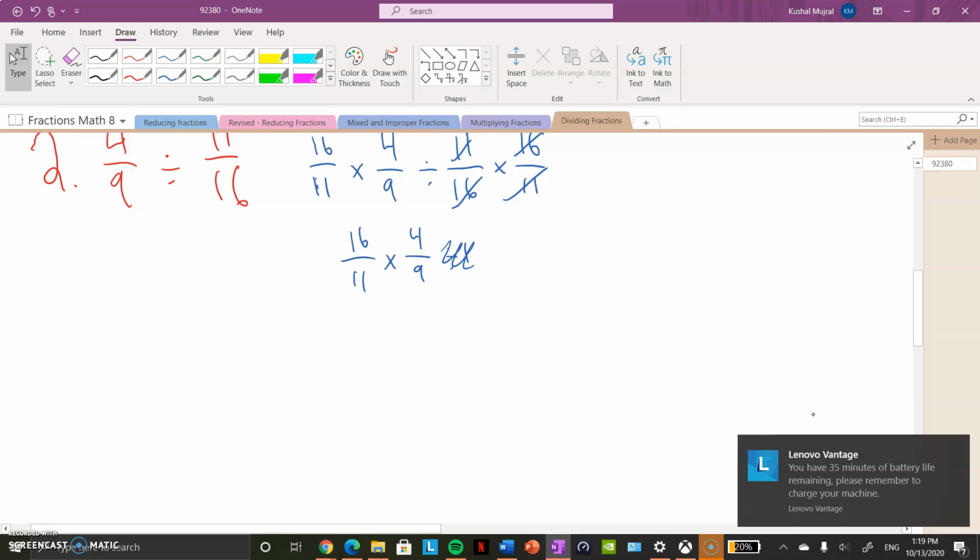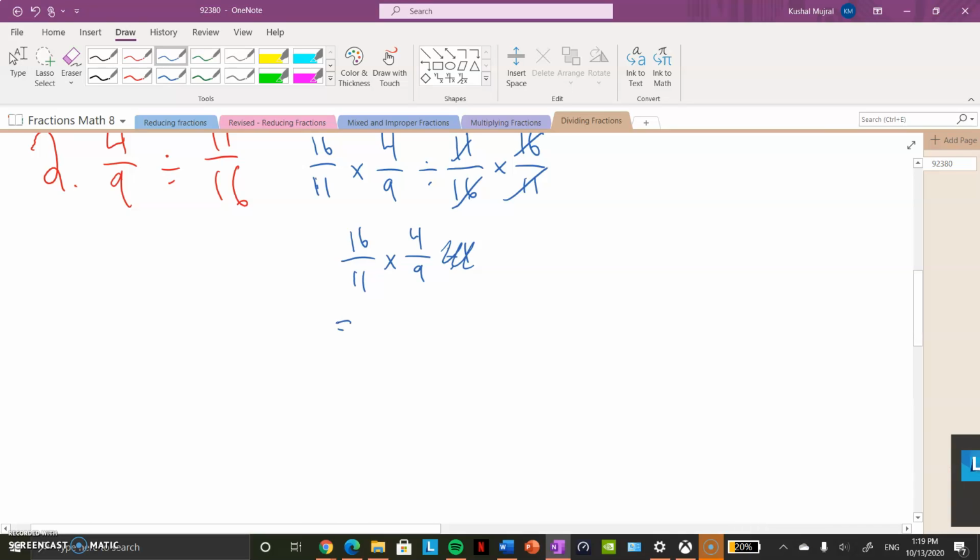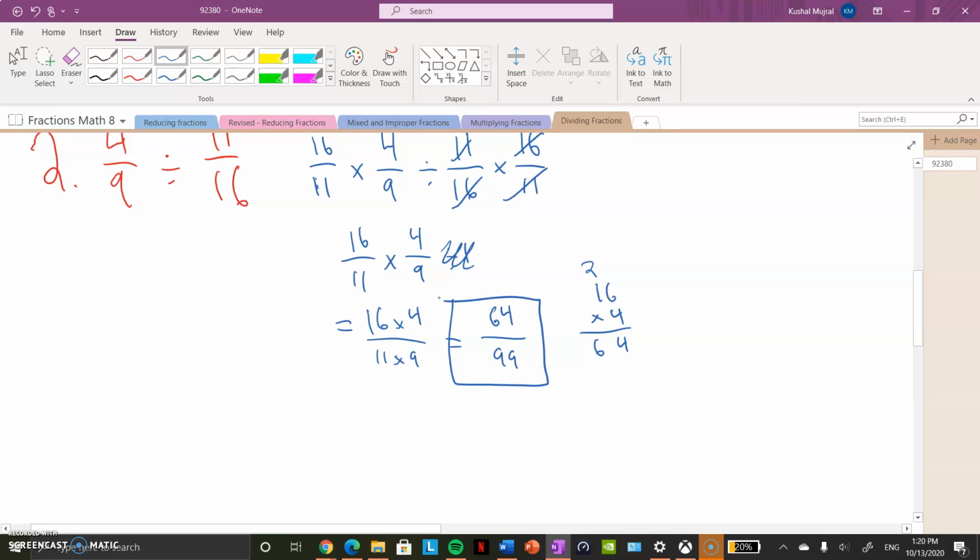So 16 over 11 times 4 over 9 becomes 16 times 4 over 11 times 9, which is 64 over 99, because 16 times 4 is 64. So you're left with 64 over 99.